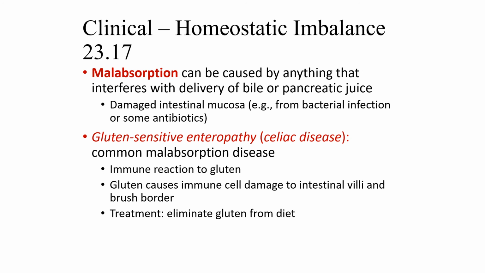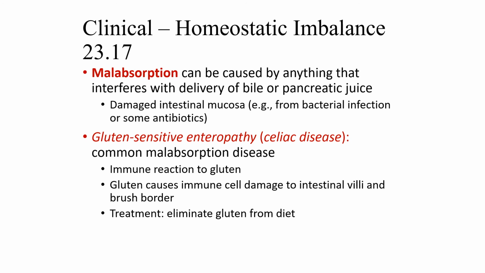Sometimes the intestinal mucosa gets damaged by bacteria, toxins, and antibiotics. But probably as far as a disease, the most common one is celiac disease or gluten-sensitive enteropathy. Entero means intestines, pathy means disease, so disease in the intestines. And this is an autoimmune response to gluten.